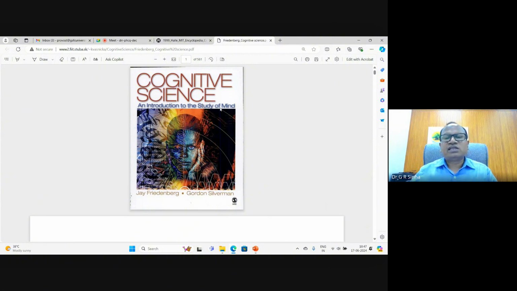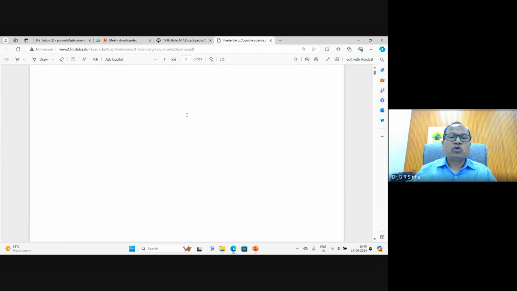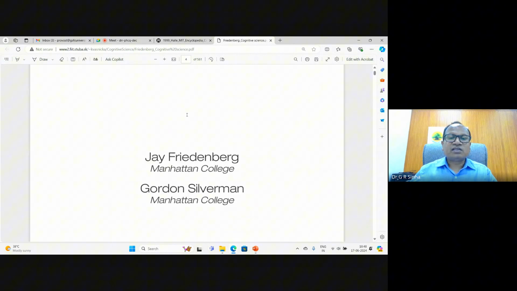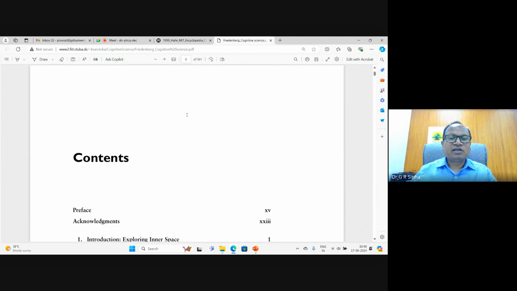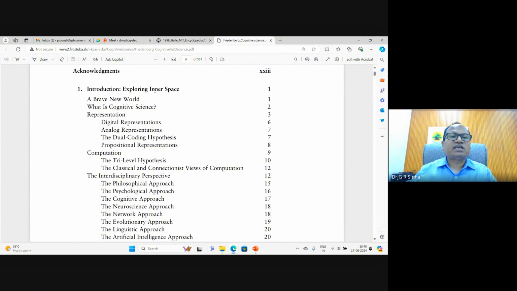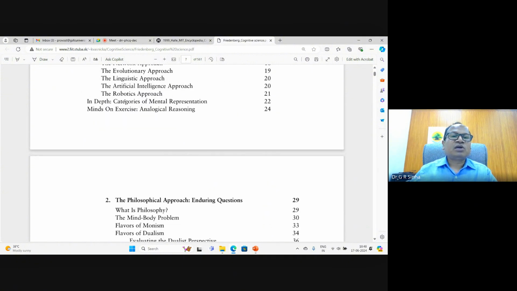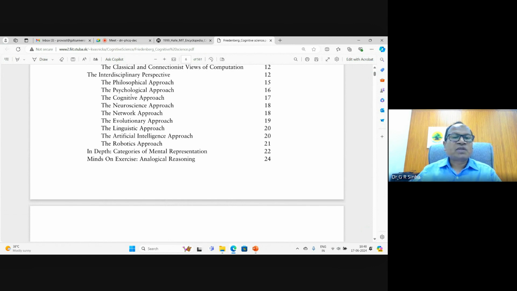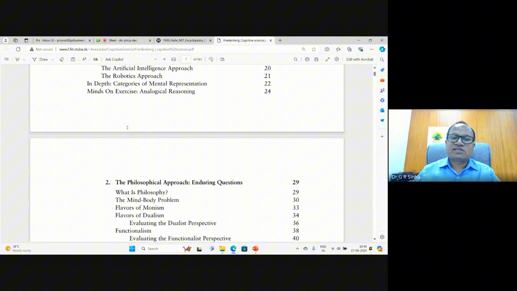You see in the title itself, Cognitive Science: An Introduction to the Study of Mind. I have already mentioned cognitive science is a study of mind. If you look at the table of contents, it talks about exploring the inner space. What is cognitive science? What is digital representation? Philosophical approach, cognitive approach, neuroscience approach, evolutionary approach, linguistic, AI, robotics approach.